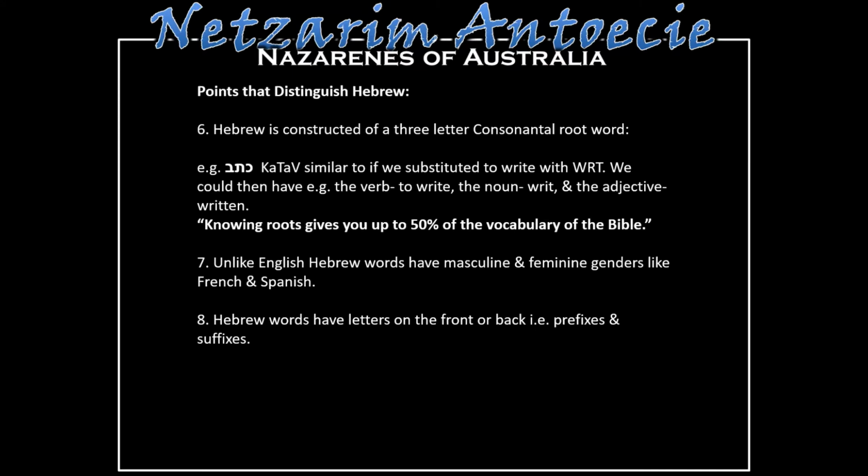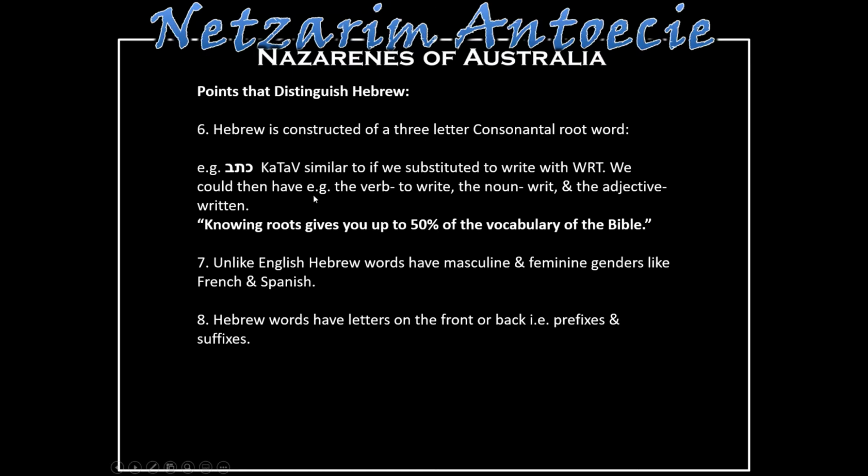And also point 6 is that Hebrew is constructed of a 3-letter consonantal root word. And I've given you an example here. If we look here, 3 letters, and it could be seen as read katav, similar to if we substituted the word write with WRT, without the vowels.